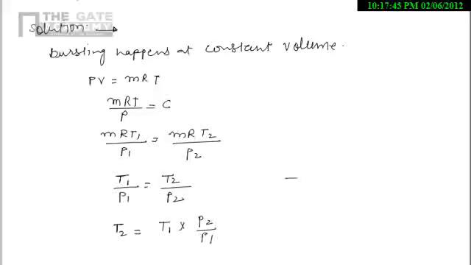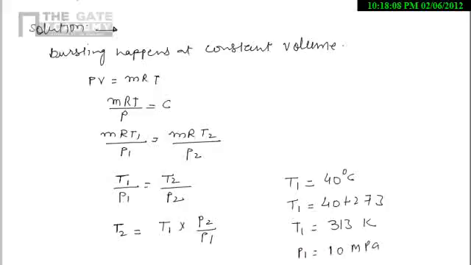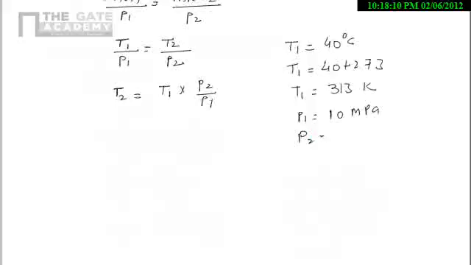T1 here is mentioned at 40 degrees centigrade. So in terms of Kelvin, 40 plus 273, it will come 313 Kelvin. The pressure P1 is given, that is 10 megapascal, and P2 is given, that is 30 megapascal.